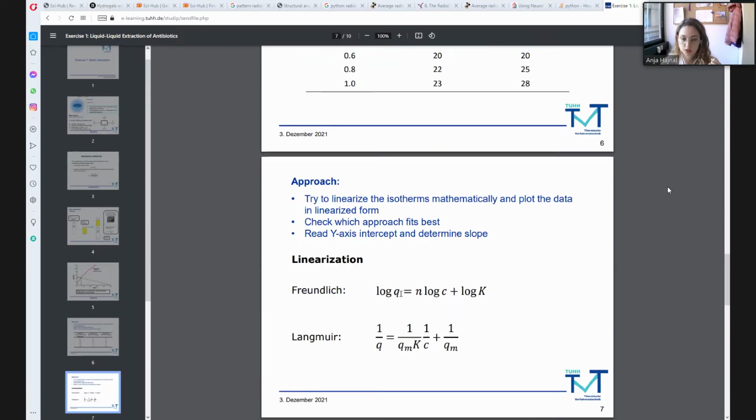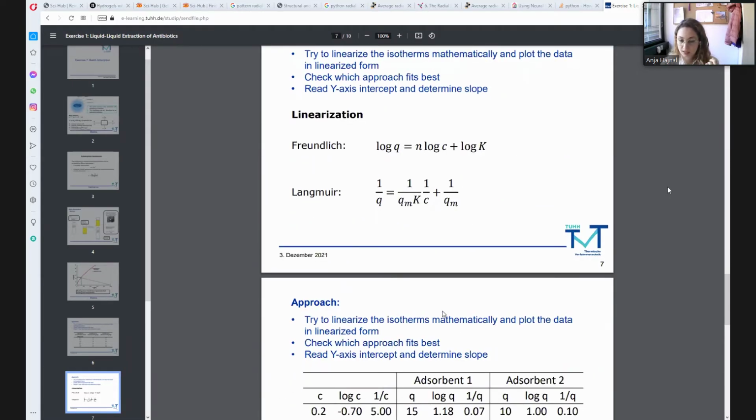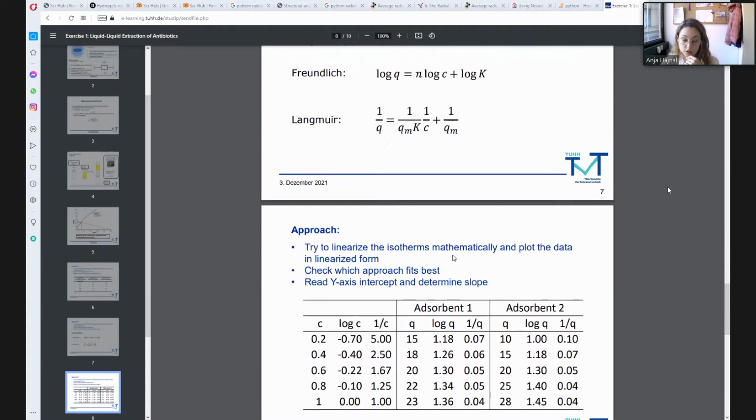Based on the rules of logarithmic operations, you would then get such an equation. And if you plot logarithmic values, you would get simply a line. This would help you determine all the necessary constants. This is a very common method for such problems, used in chemistry and for adsorption as well, and in similar cases.